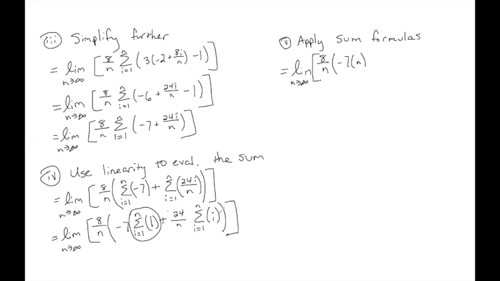It's whatever the top bound is. Plus 24 over n, and this is the one that comes from Gauss. The sum from 1 to n of i, 1 plus 2 plus 3 plus 4, dot, dot, dot, up to n, is n times n plus 1 over 2. And I put a big parentheses to remind myself that 8 over n distributes, and a big bracket to evaluate the limit with.